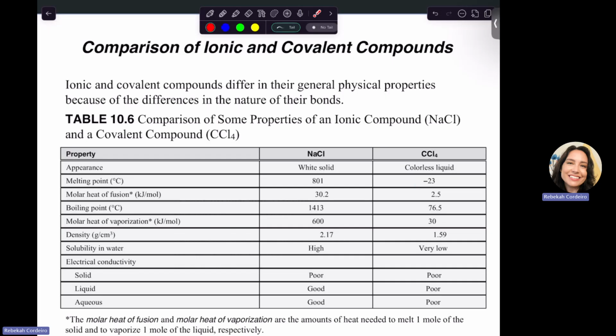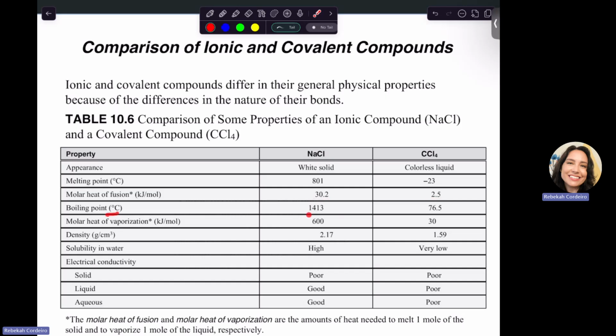The heat of fusion, which is the amount of heat needed to melt the substance, we'll learn a little bit more about that, but to melt it, it takes this much energy. That's the enthalpy of fusion. For an ionic compound, it takes a lot more energy to melt than a covalent compound. You know this, right? Because you can melt sugar really easily, but you've never melted sodium chloride. You've never melted salt, at least not on your stove.